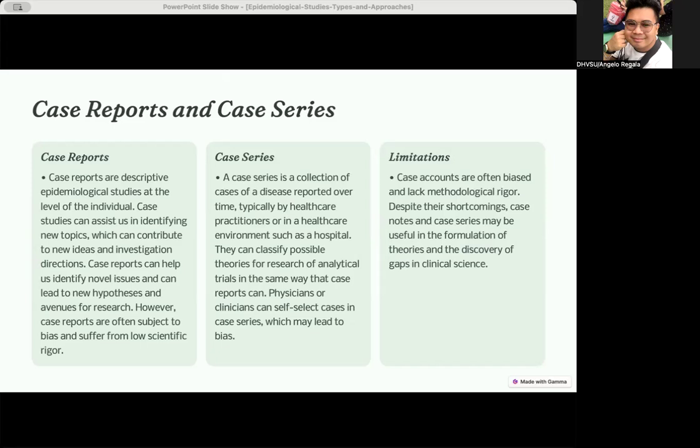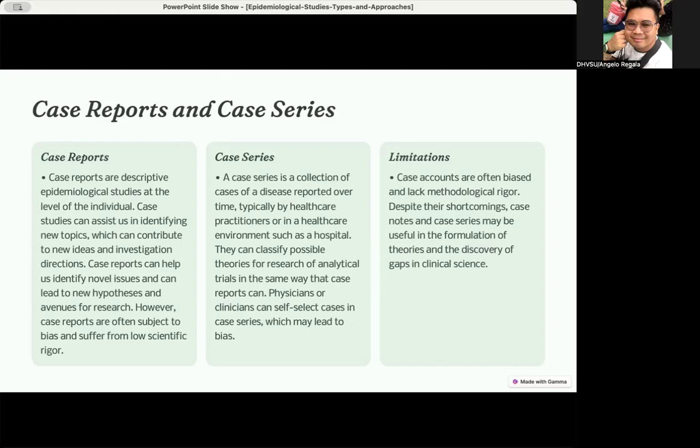So what is a case report? As you can see on the PowerPoint presentation, it's a descriptive, observational type of study at an individual level. It means one person at a time.